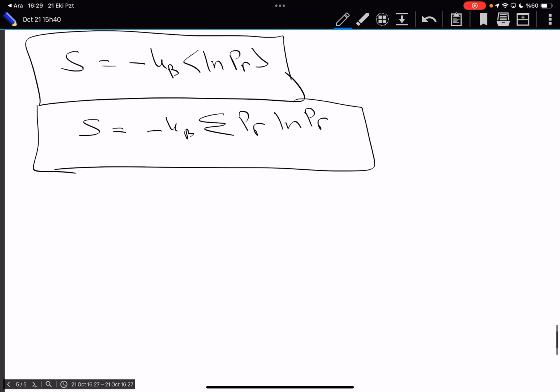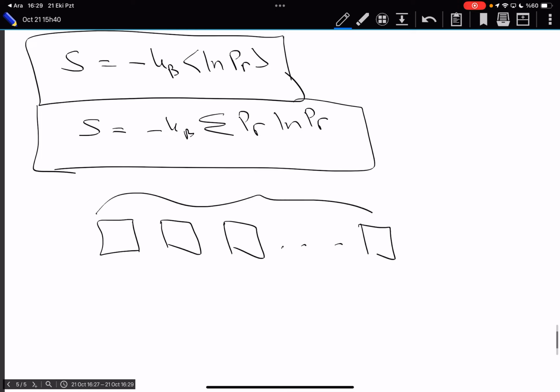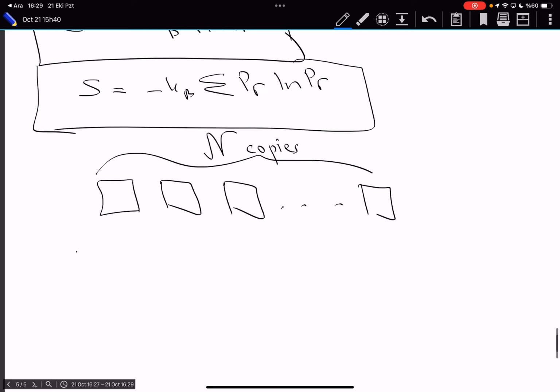So the question we have now is, let's say this is my system. I have N copies. Let me call N_R the number of copies in the microstate R. I can pick one randomly among all these copies.